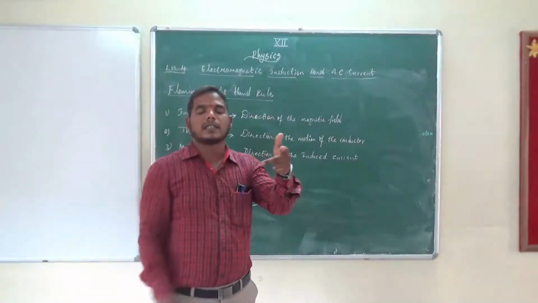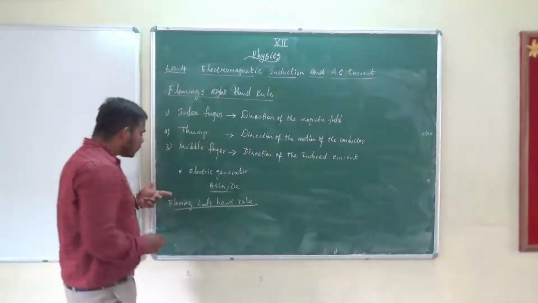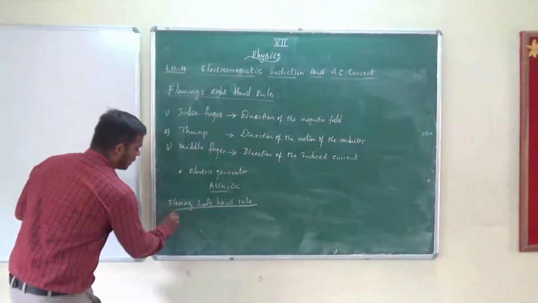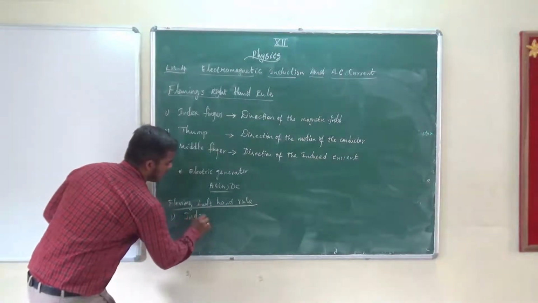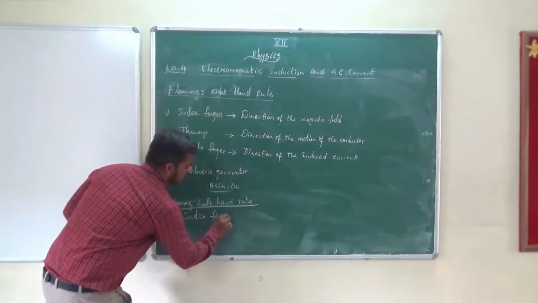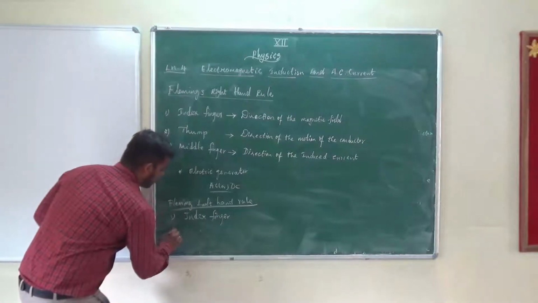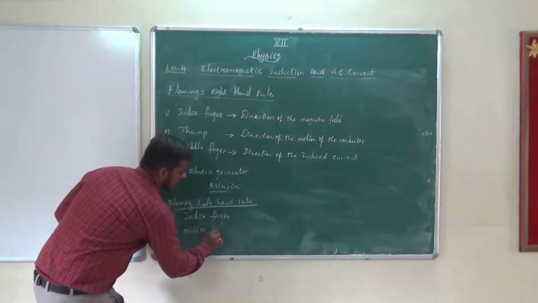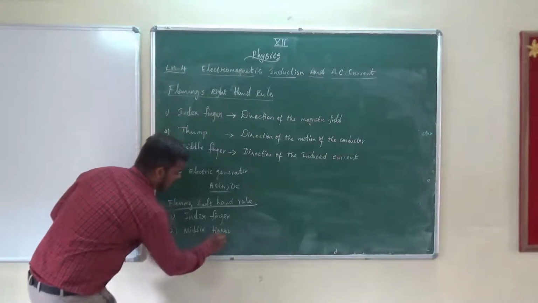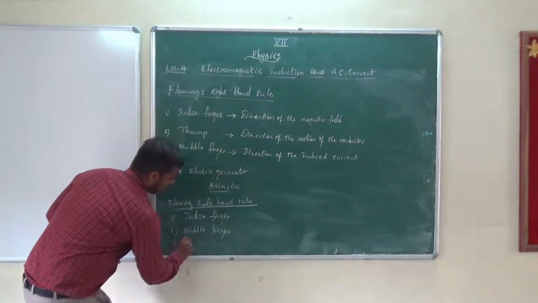Each finger indicates a certain direction. Here, first the forefinger, the index finger. Next the middle finger, the order will change, and the third one, thumb.